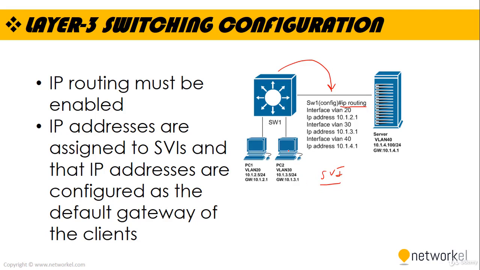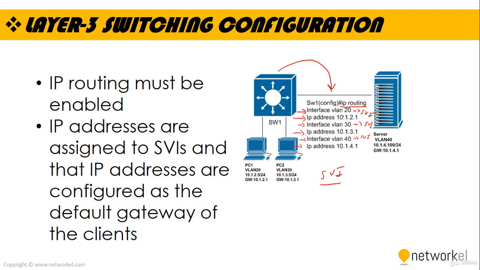For example, here we are defining interface VLAN 20. This is an SVI. Then we are defining interface VLAN 30. This is an SVI also. And we are defining interface VLAN 40. This is another SVI. Okay, we are defining the SVIs. Then we are assigning our IP addresses here, as you can see.